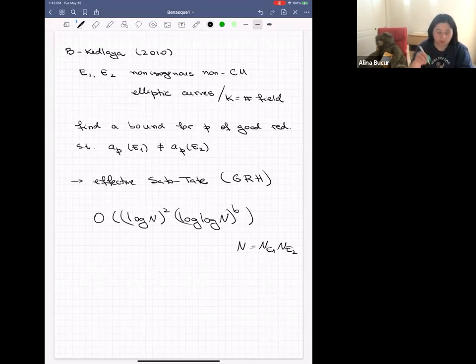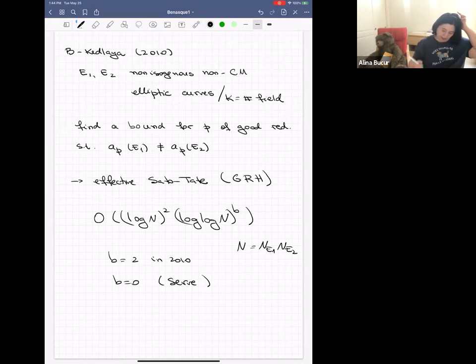What Kiran and I managed to prove in 2010 was b equals 2. Then Serre kindly pointed out that he had also worked on this and gotten, if I remember correctly, b equals 6, but using mod l representations, he pointed out that you can use l-adic representations and run his proof, and then you would get all the way to the famous b equals 0. We hadn't done that in the 2010 paper.